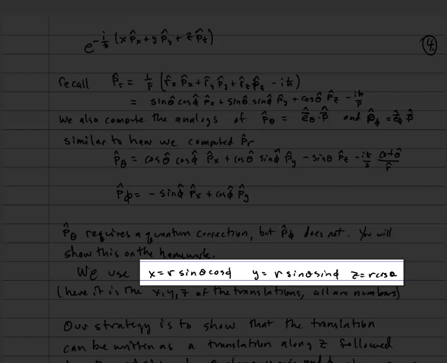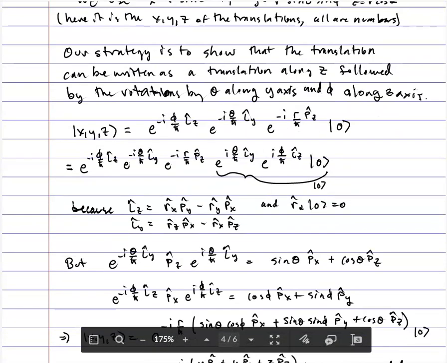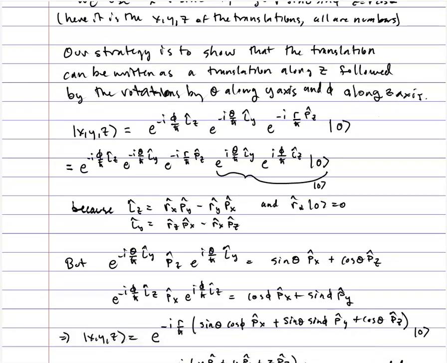The r, the theta, and the phi are numbers here, not operators, because the x, the y, and the z are numbers, not operators. Now, our first strategy is to show that the translation operator can be written as a translation along z, followed by a rotation by theta along the y-axis and a rotation by phi along the z-axis. In many respects, this is the way I go to a particular point r theta phi in spherical coordinates.